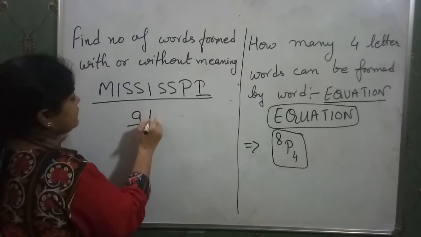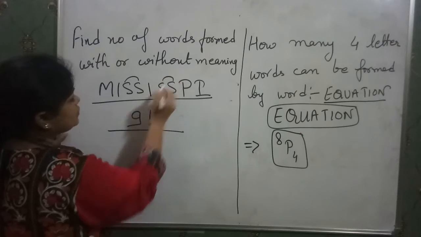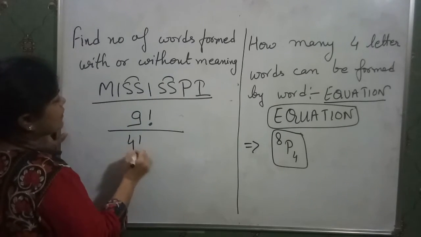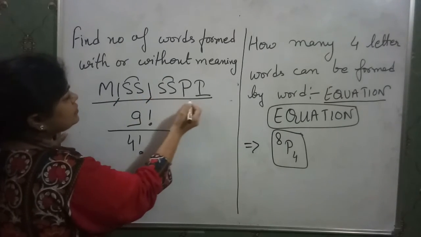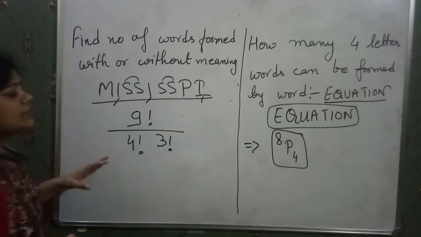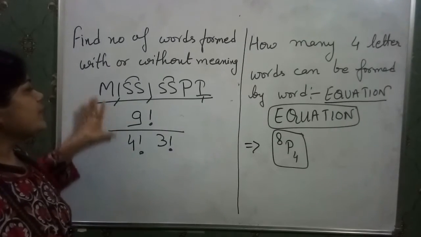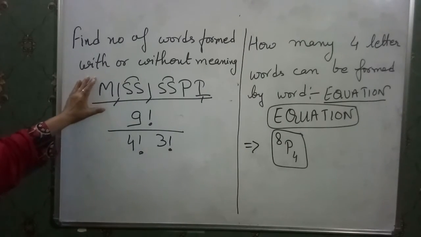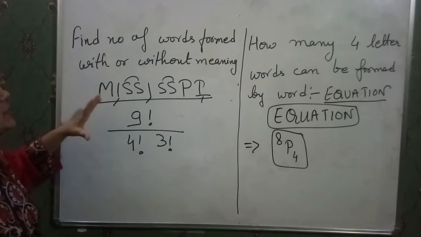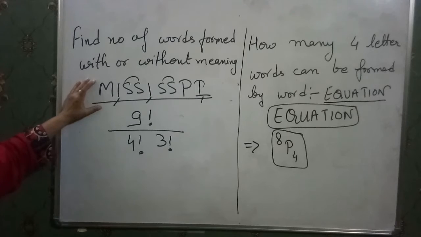That means 9 factorial over, this is a set of 4, so factorial 4, and then a set of 3, factorial 3. Clear? So this is the total number of permutations which can be found with the word Mississippi. That means the total number of words we can form with these letters, with or without meaning.